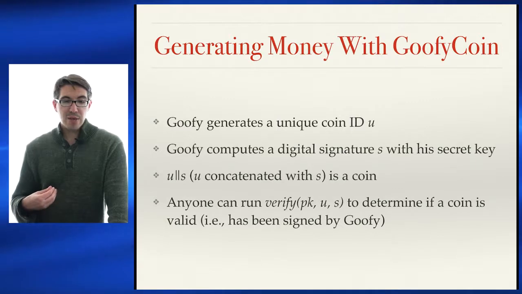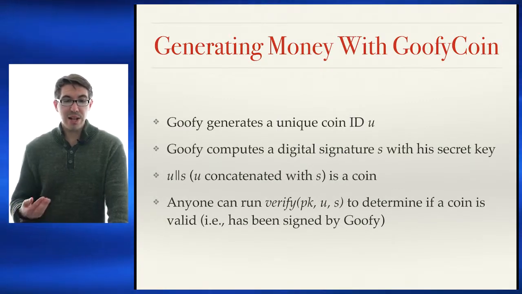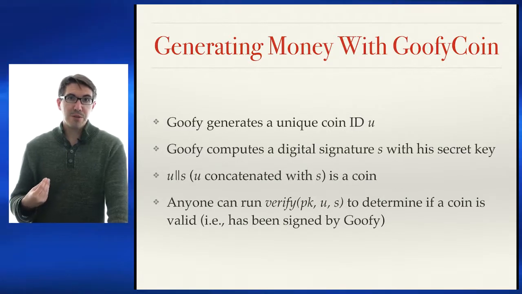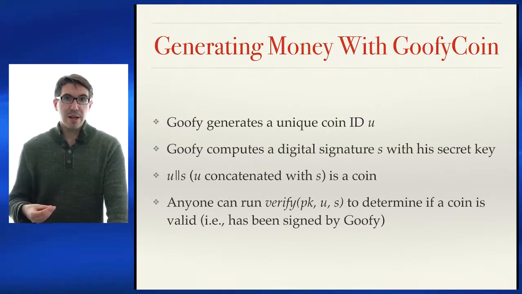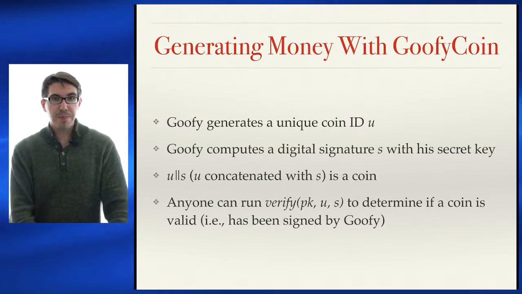So we now can take U and concatenate it with S, and we now have a coin. Anyone can verify that this coin is valid using Goofy's publicly known public key. So they can run, remember, one of our primitive cryptographic operations, verify, with U and the signature to determine if a coin has actually been generated by Goofy.